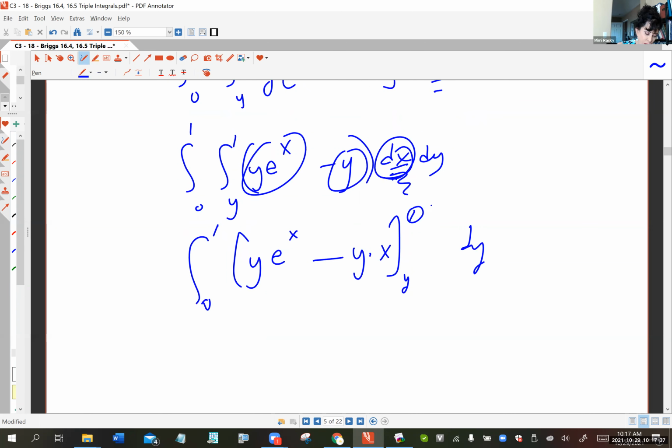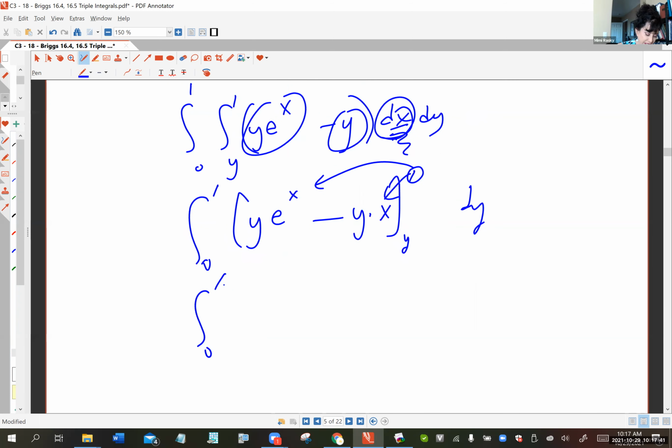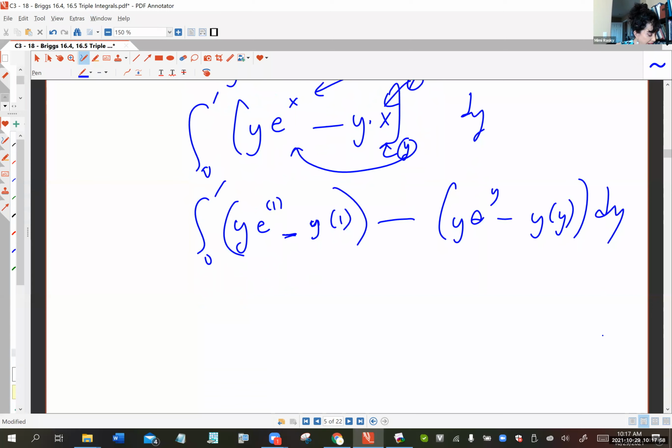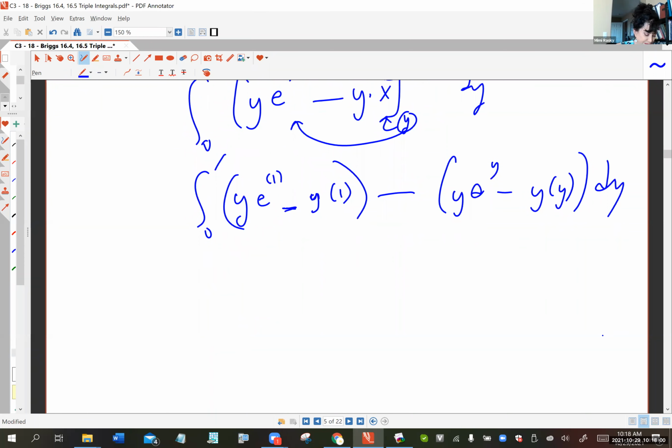Let's substitute the 1 first, and we substitute it in place of the x. Minus, and now we'll substitute the lower limit. And so what do we have now?